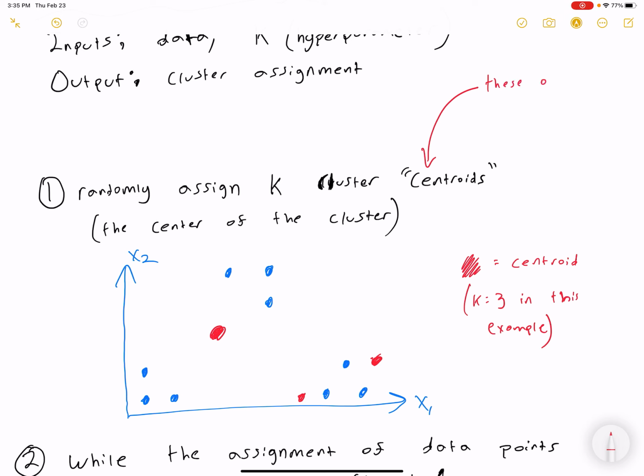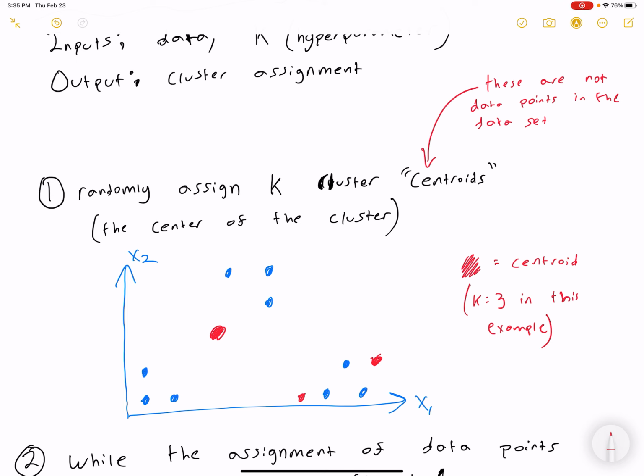These are not data points in the data set. I mean, you could make them that, but they don't have to be. Because after the first iteration, they're not going to be anyways once you start taking the mean. So might as well just initialize them to be any random point.